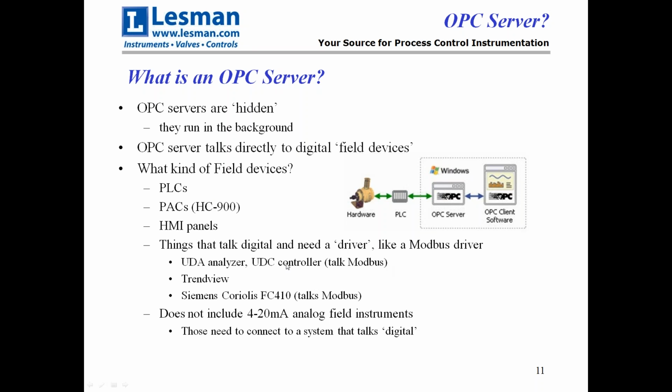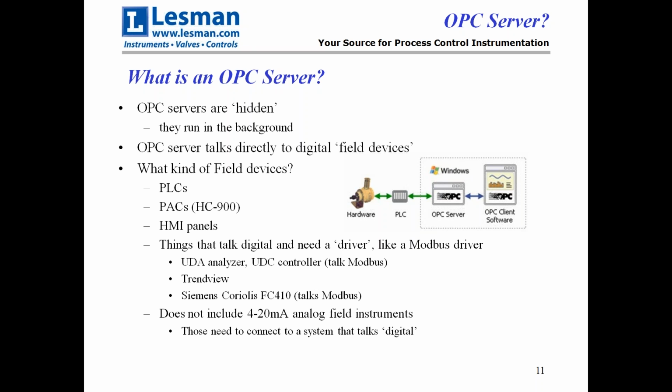They would prefer to drive that stuff into a PLC and have it done there, but it can be done. And again, OPC does not include talking directly to 4 to 20 milliamp analog field instruments, because the analog is outside of the realm of OPC.